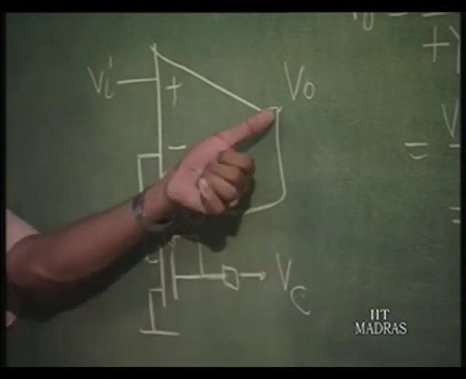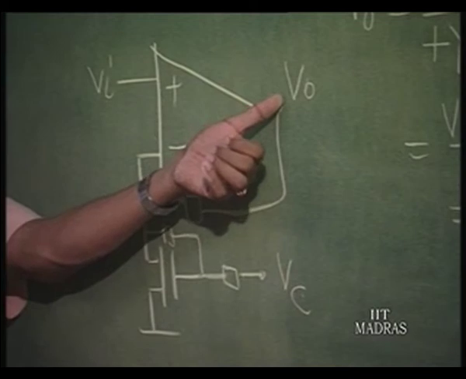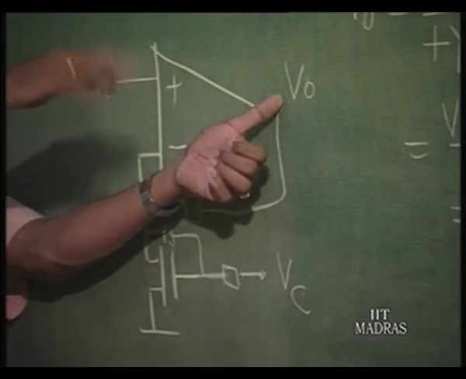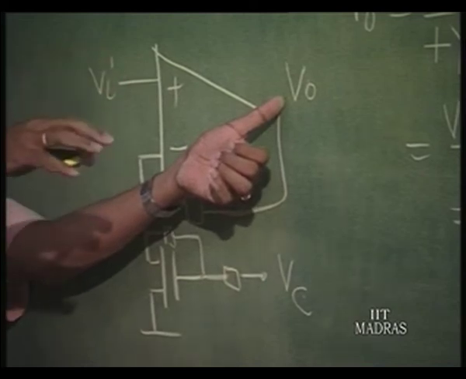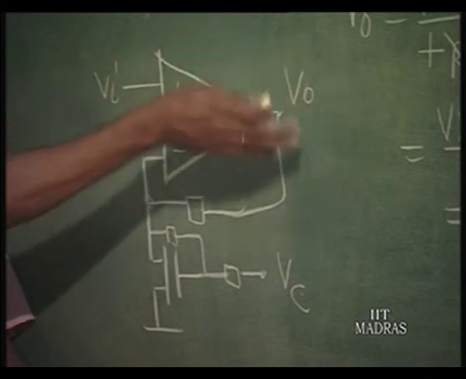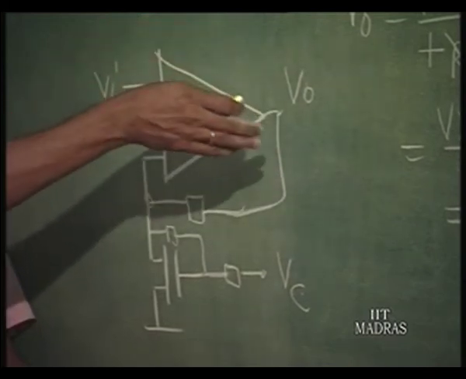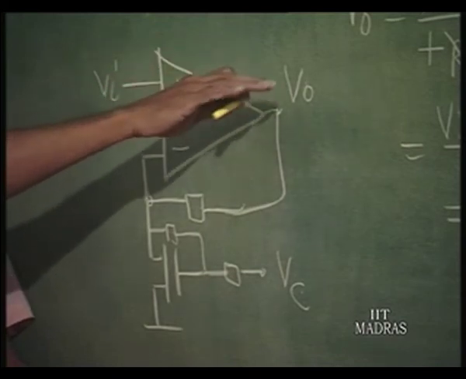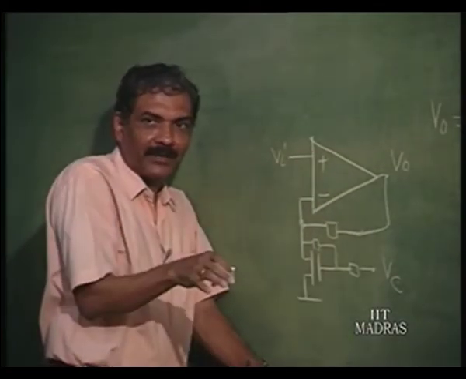Now, I want to maintain V naught constant irrespective of Vi. So, I have to have a means of finding out whether V naught is varying or not. So, I will rectify and filter this sine wave and I get an amplitude information from that. That I compare with the reference.